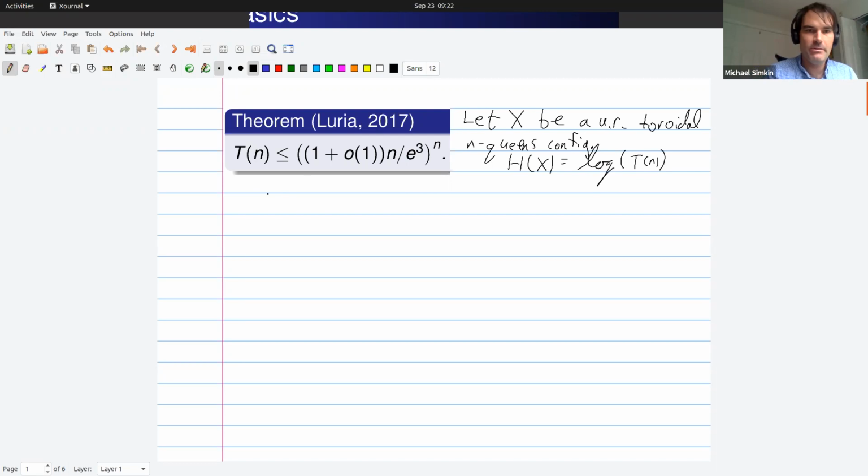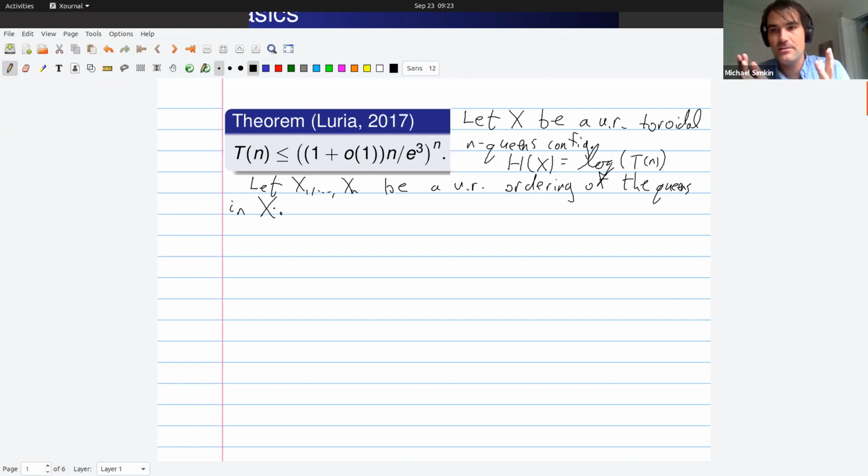Now I say, okay, let x1 to xn be a uniformly random ordering of the queens in x. x is a queens configuration, so it's just a set of n queens that are located somewhere on the board.